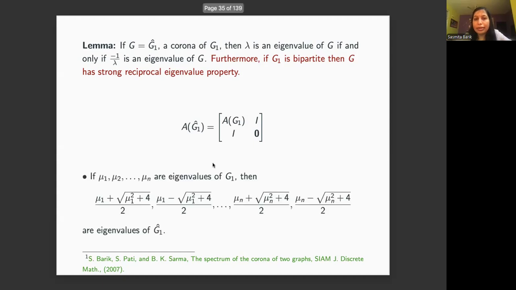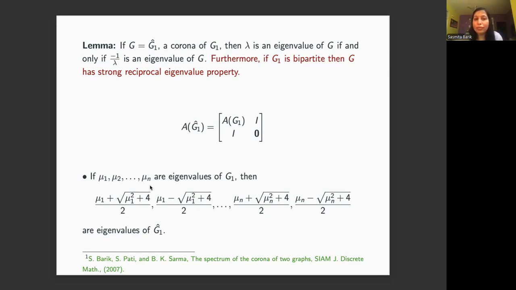So we get that if mu1, mu2, up to mu_n are eigenvalues of G1, then mu1 plus square root of mu1 square plus 4, divided by 2, and the paired one, mu1 minus square root of mu1 square plus 4, divided by 2, will come as eigenvalues. Both will have eigenvectors which you can construct correspondingly, and both will have the same multiplicity. Similarly for all the others, this type of pairing will come.